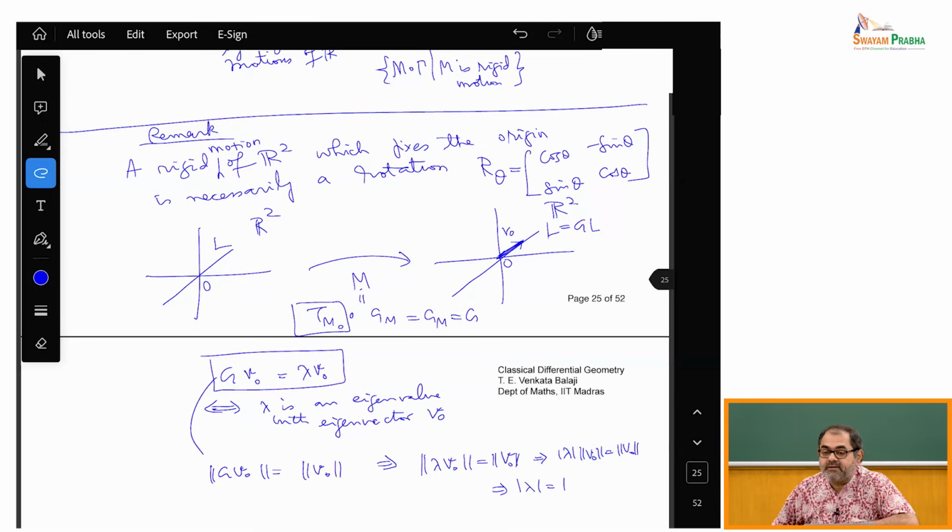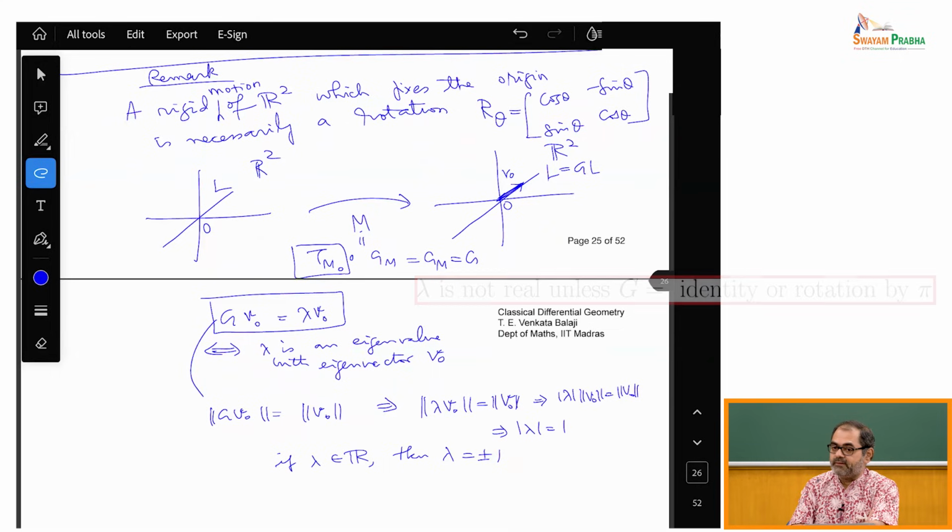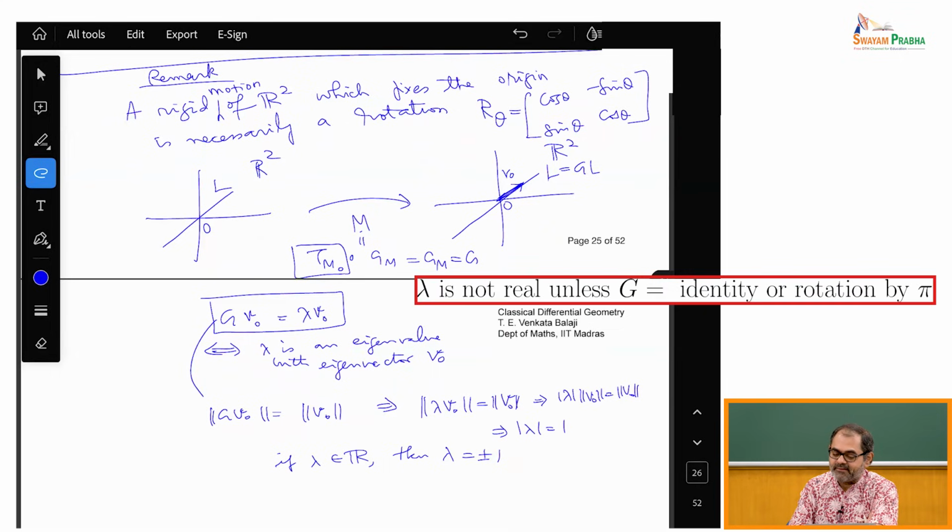So mod lambda is 1, and if lambda is a real number, then lambda can be only plus or minus 1. Now the truth is that lambda will not be real, because this G is going to be a rotation matrix. G is going to be R theta, and the matrix is cos theta, sin theta, minus sin theta, cos theta.